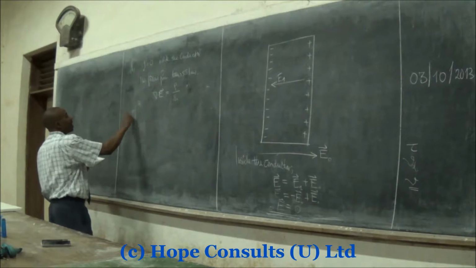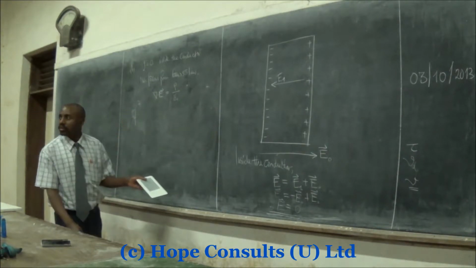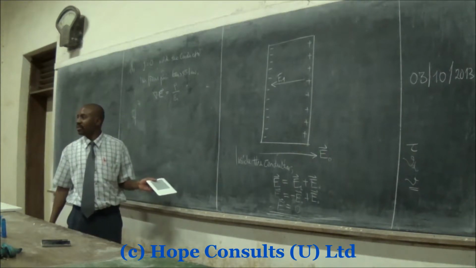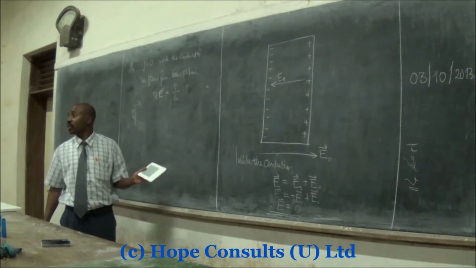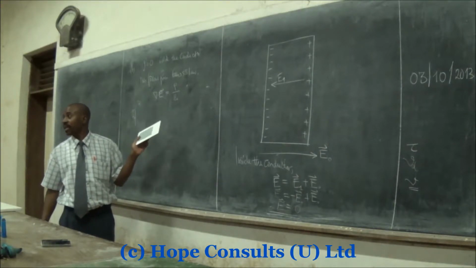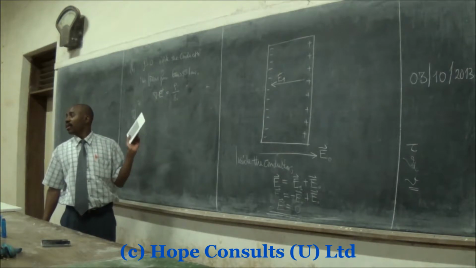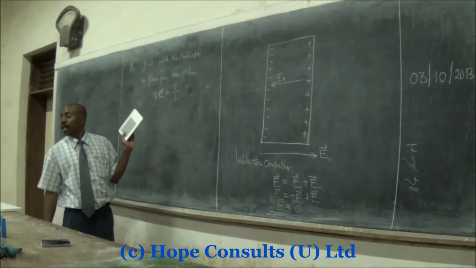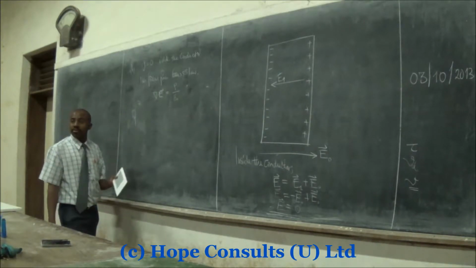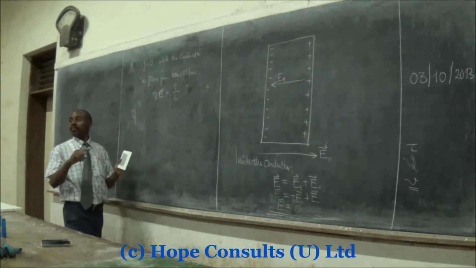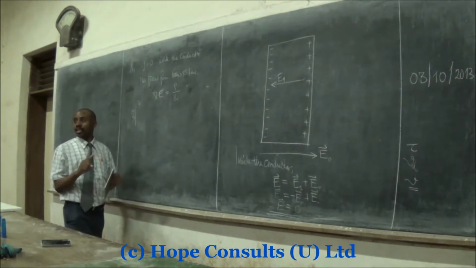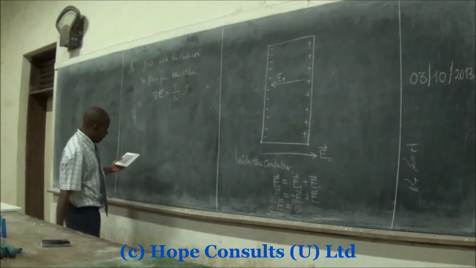The minus I put some time back was a mistake, because it only comes when we substitute E equal to minus grad V, which would give del squared V equal to minus rho over epsilon. That would be Poisson's equation, which applies if you have a region where there is no charge density.